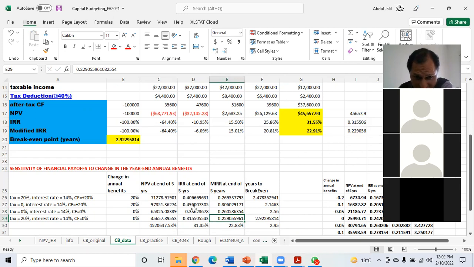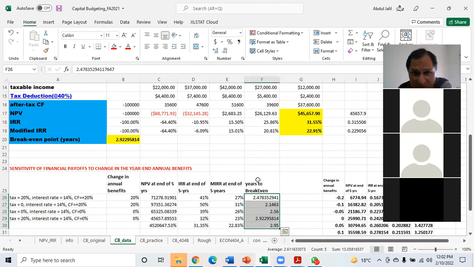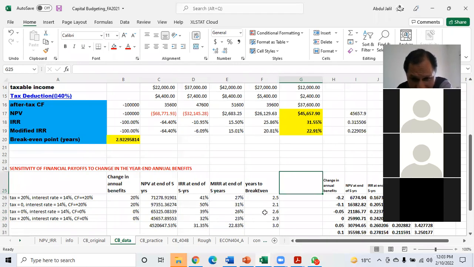Actually, you can mention these columns in terms of percentage. I'm just converting them to percentage, right? And these columns in terms of 2 decimal places, so I'm just going to reduce these decimals. It needs 2.6 time period.